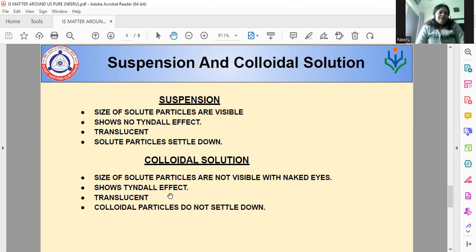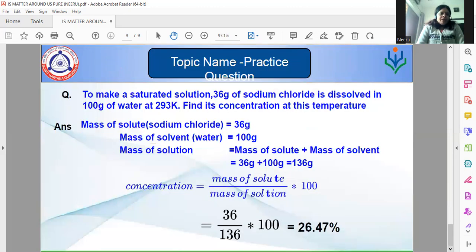We haven't seen any particle settling at the bottom of the beaker or container in milk. So this will show the Tyndall effect. That is, light will scatter here. So this is called a colloidal solution.